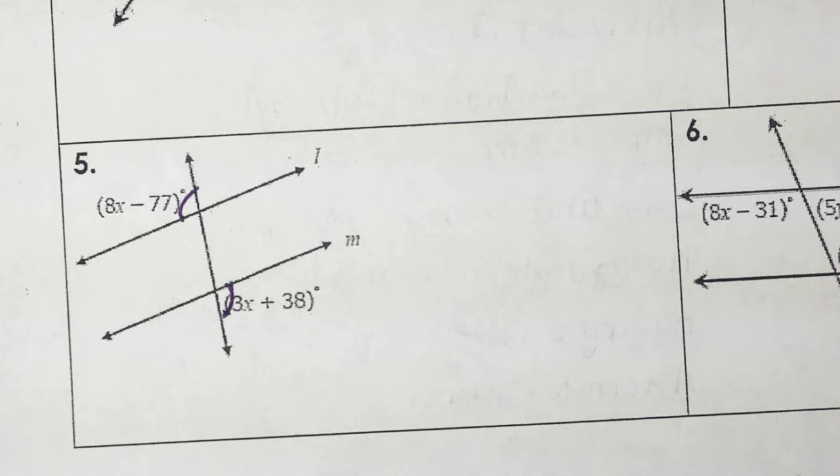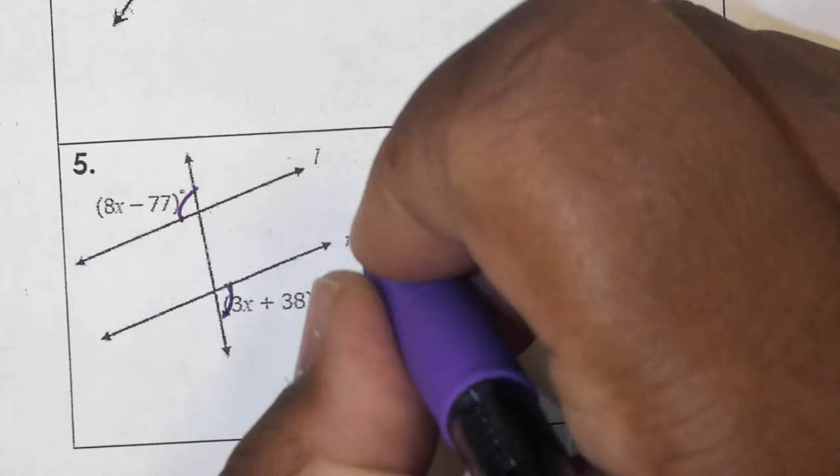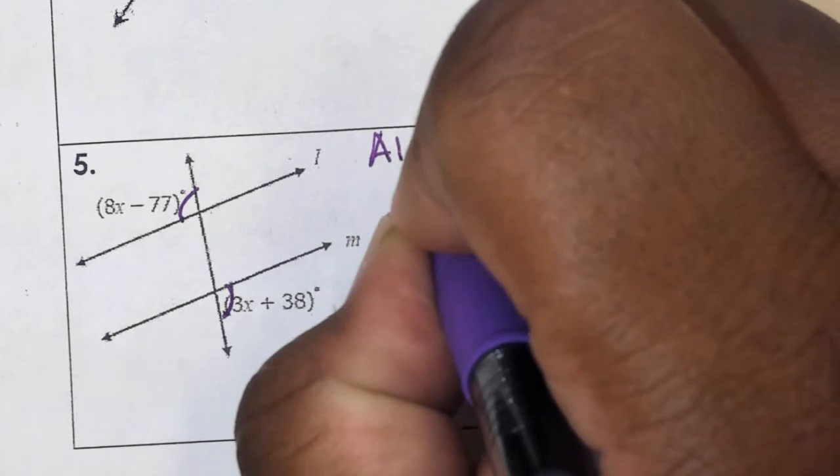Beyonce. Number 5. They gave us these two angles right here. I just marked them for you too, just so you can see them. What is their angle relationship? That's what you said? Alright. Alternate exterior.